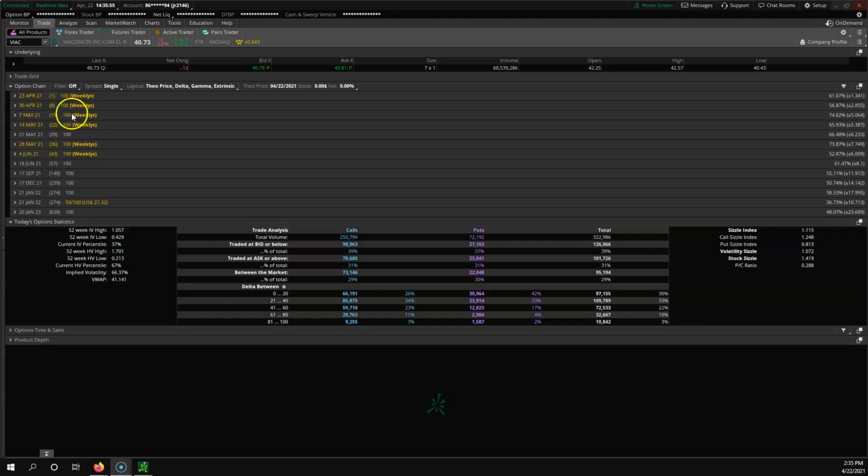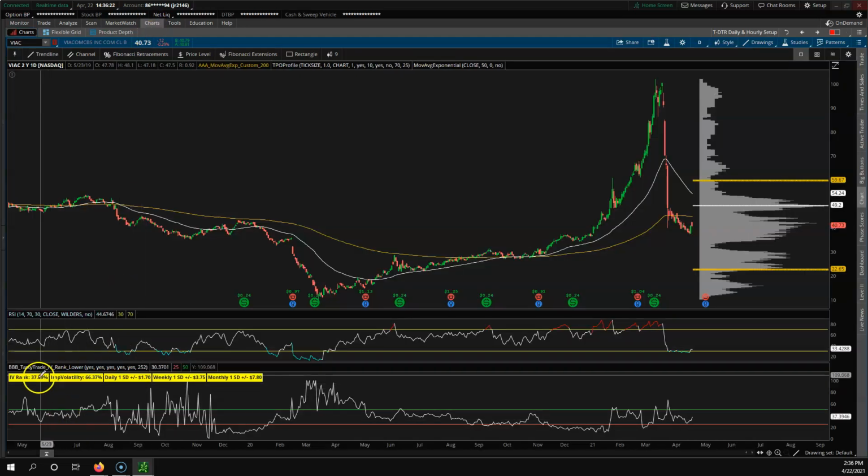So now if you go over to the trade tab, right here where it says today's option statistics, if you click on that, it gives you all the same information, right? It gives you the 52-week IV high, the low, and the percentile. So it's doing everything here that the chart does, right?